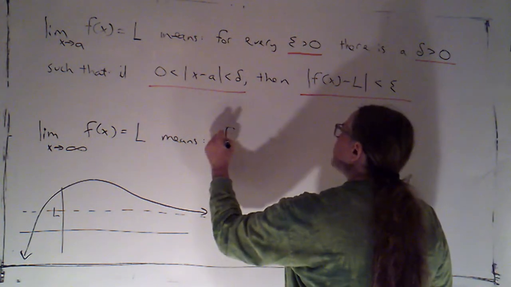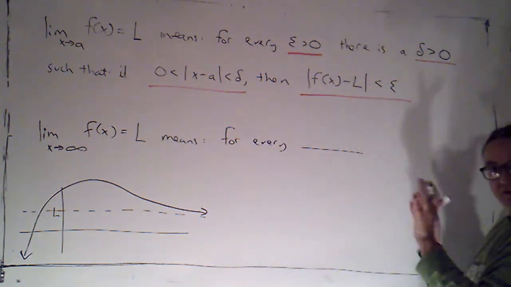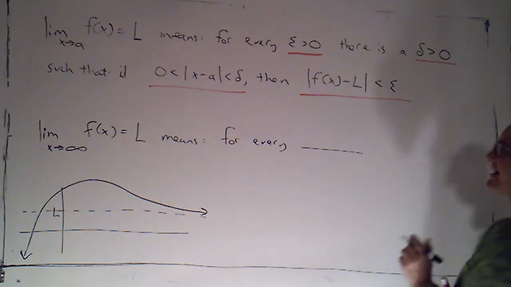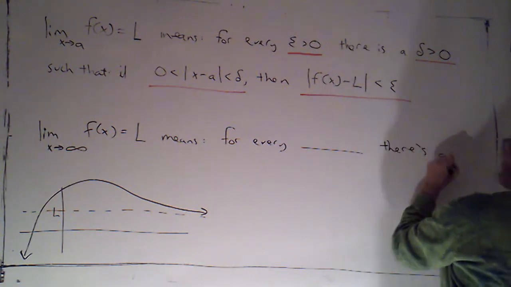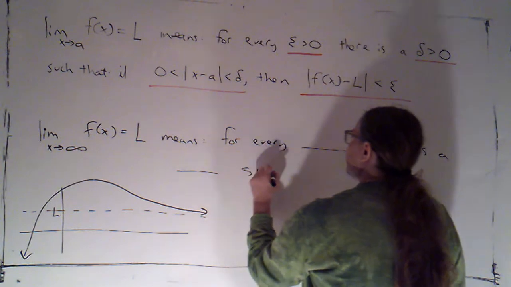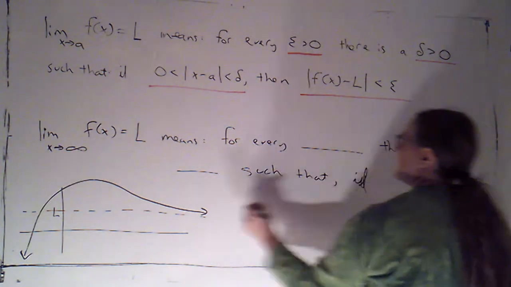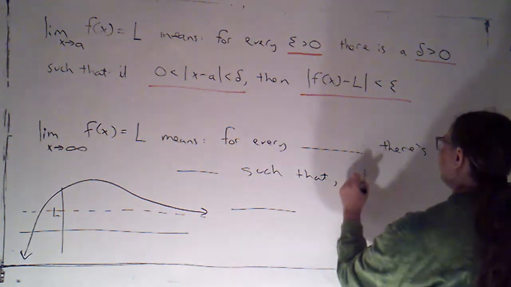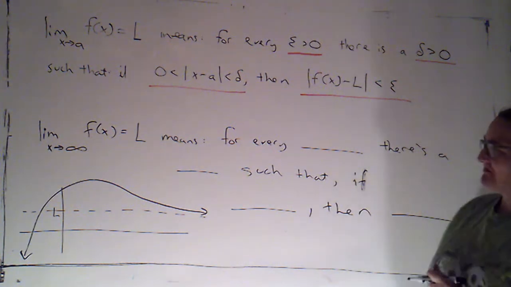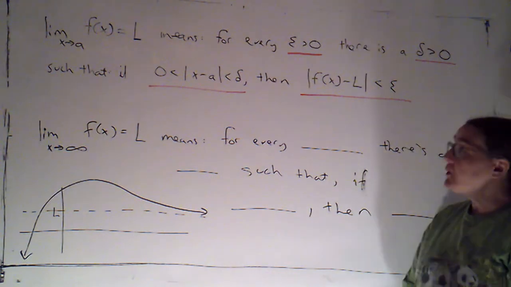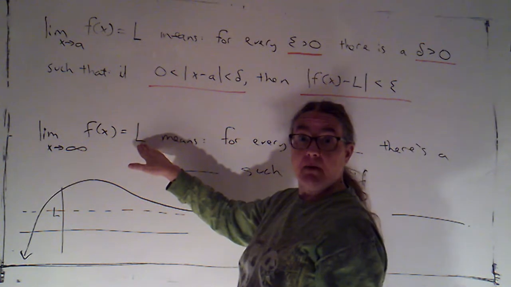So this will mean, for every blank, there's a blank, such that if blank is true, then blank is true.